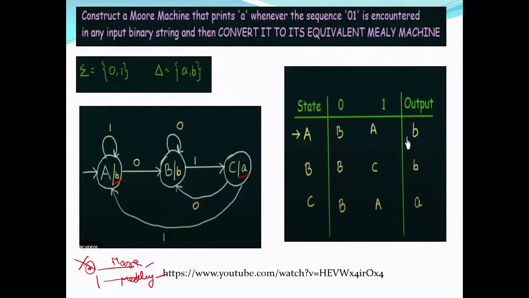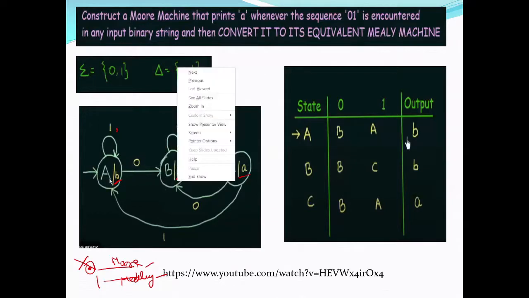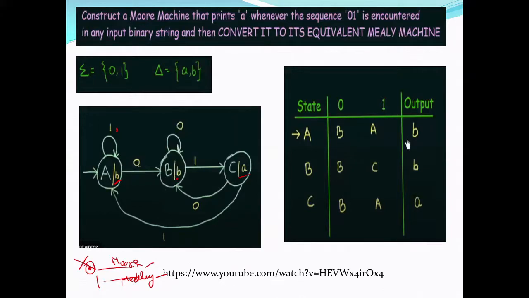So this transition should give you B. Similarly, you look at this, A on 0 is going to B. So this is giving you B output. So this transition, A on 0 to B, should give you B.